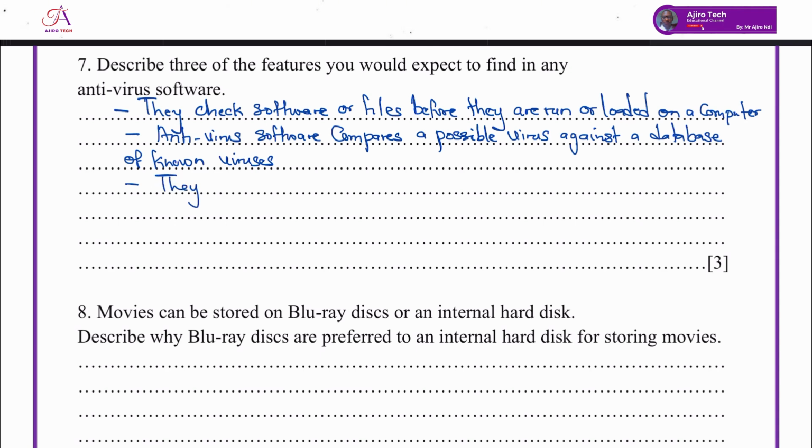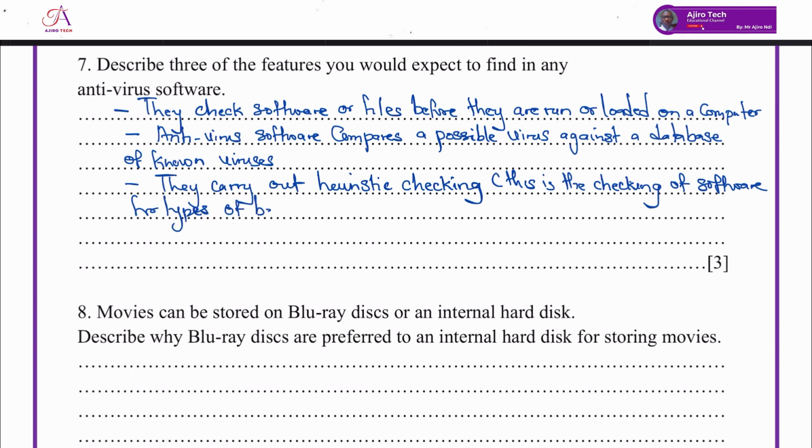They carry out heuristic checking. If you wonder what this means, this is the checking of software for types of behavior that could indicate a possible virus.